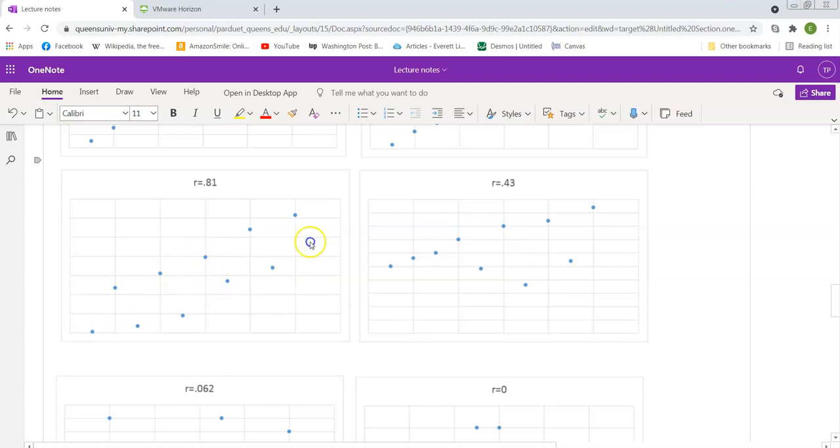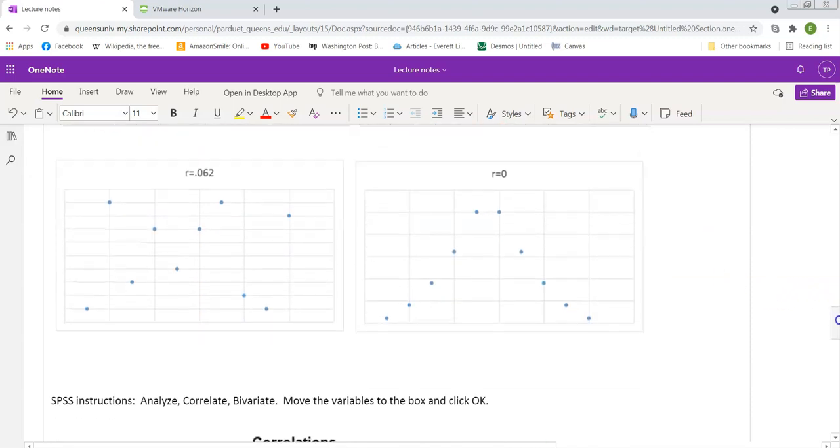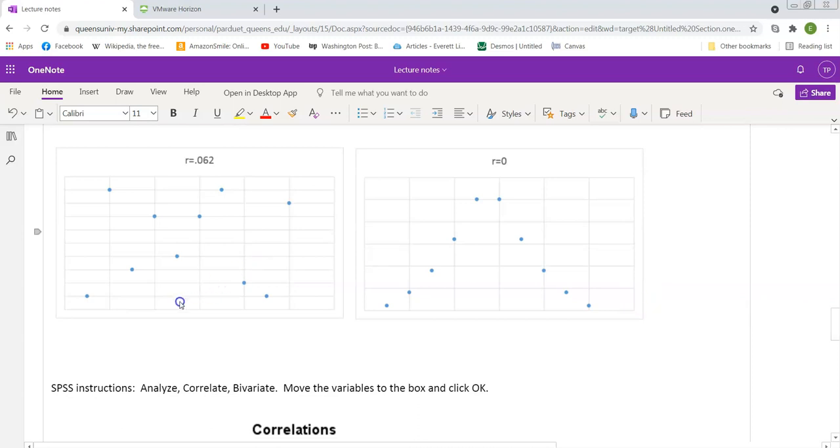You can still see for both of these where a straight line would go, but the points aren't clustered as closely to the line. In R of 0.062, you really just can't even see a line that goes between them anymore. So this is practically 0. This is very, very close to 0.